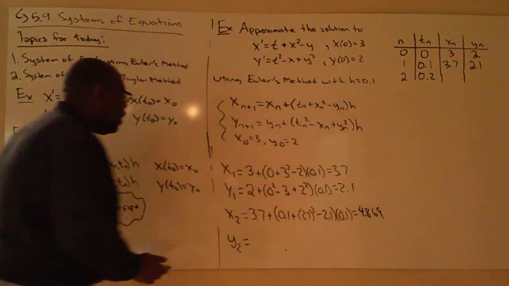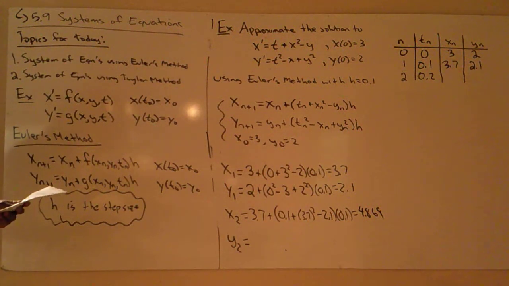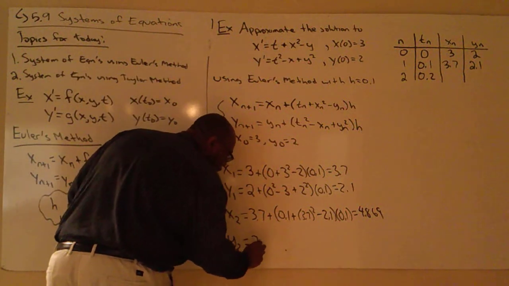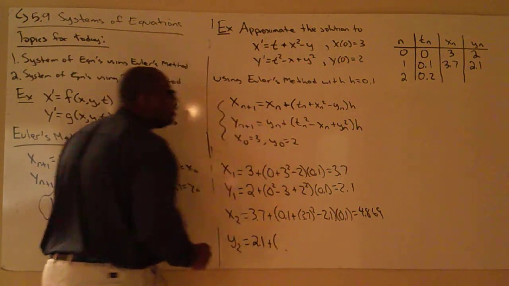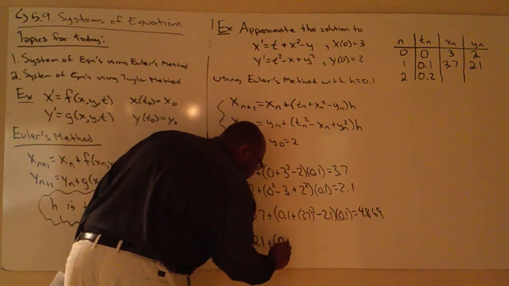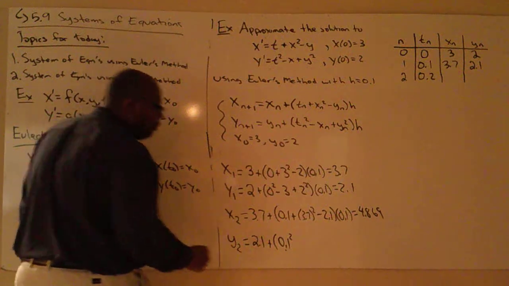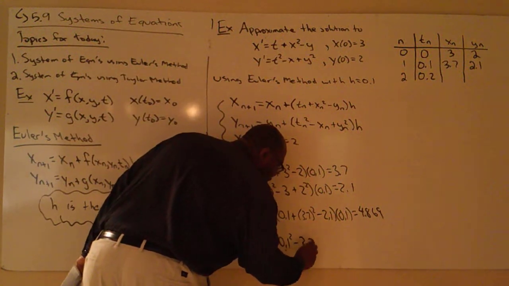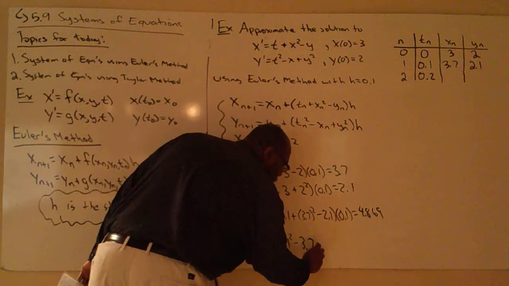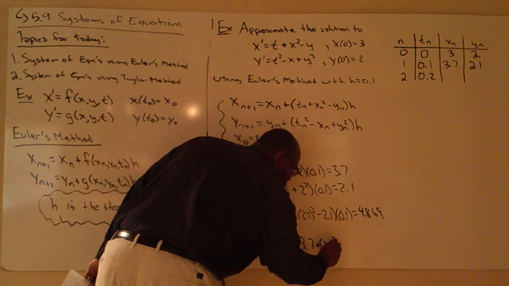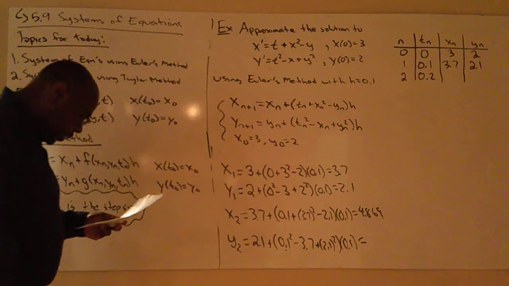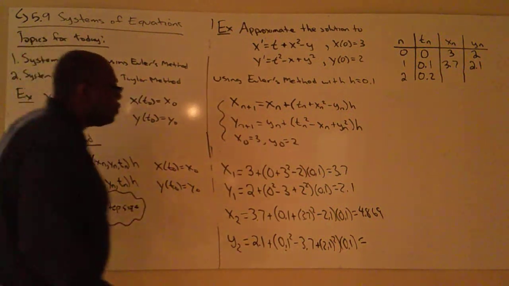And y sub 2 is very similar to that. y sub 2, I should get 2.1, which is my y1, plus the quantity 0.1 squared, minus 3.7, plus y sub 1 squared, which is 2.1 squared, times 0.1. When I did this one, I got 2.172.